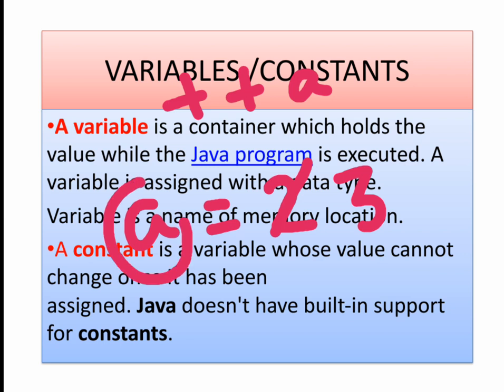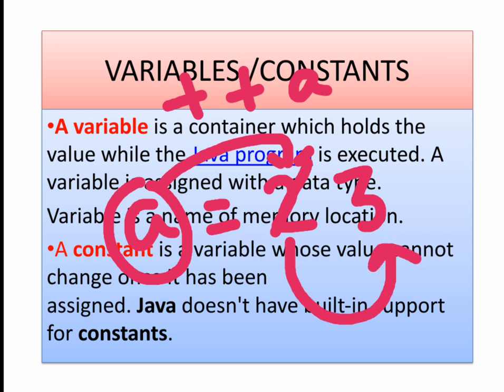A's value that was 2 changes to 3, which means a variable is a memory location in which at one time there was a value that can be changed to another value. I hope you understand now.